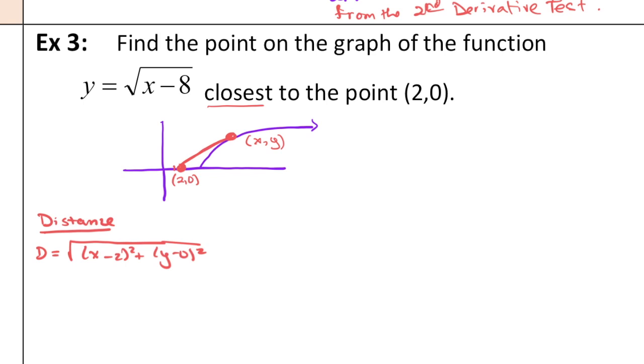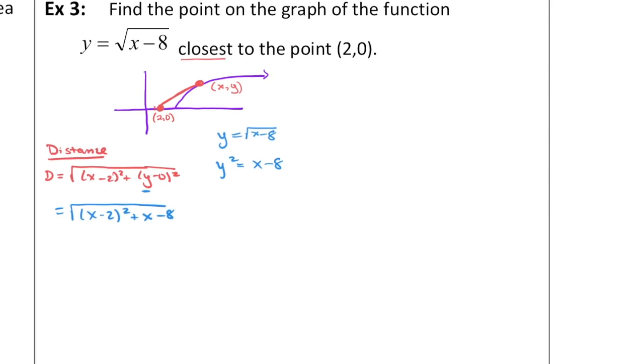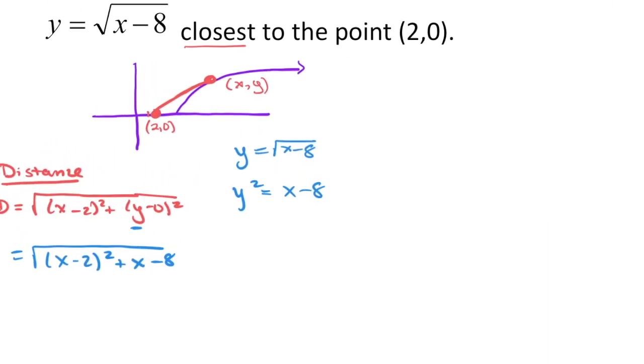You have your distance. We're going to have to find a constraint equation. Notice this is a y value. You know that y is equal to the square root of x minus 8. And when you square that, y squared is x minus 8. Substitute this into your distance formula for the quantity x minus 2 squared plus x minus 8. Next, we are going to take our problem and think about the domain.